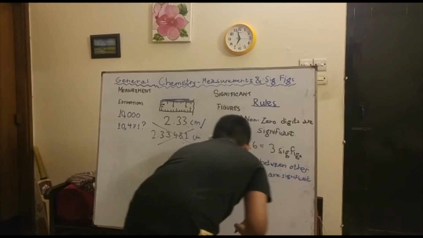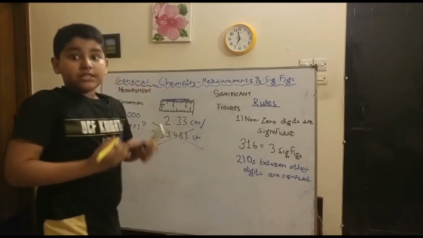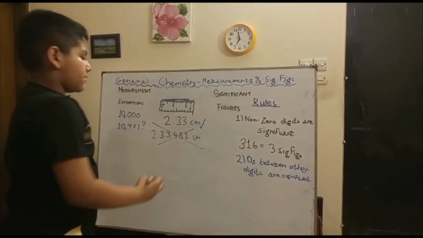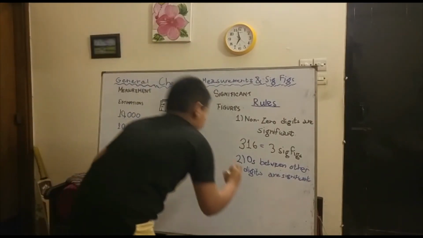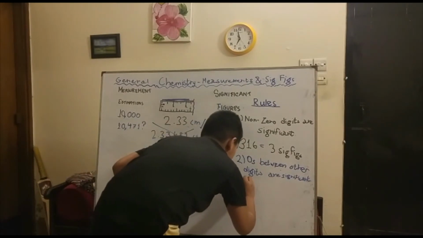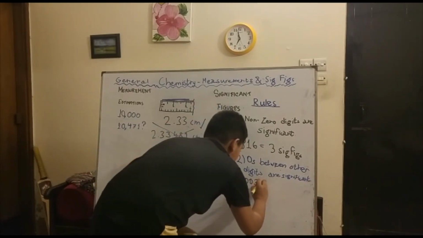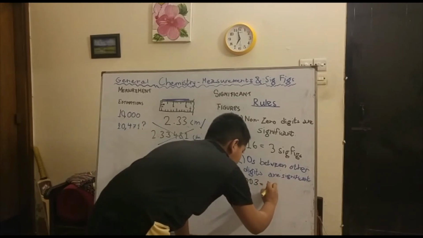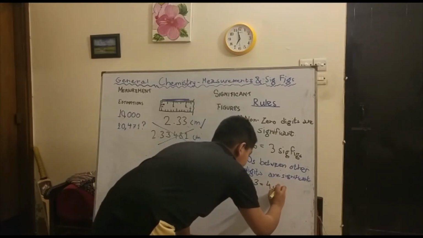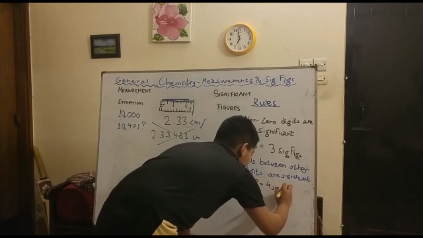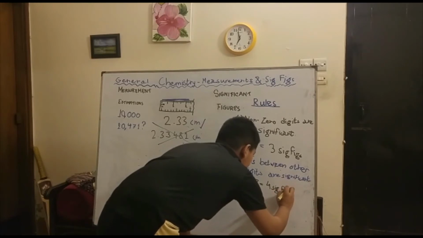So what it's telling us is that zeros in between other digits count. Suppose 6.003 will have a total of 4 sig figs.